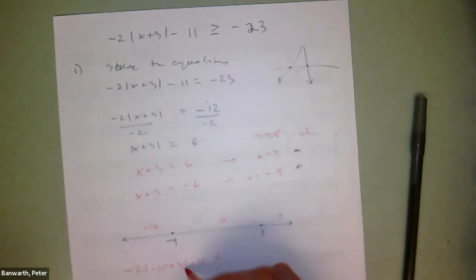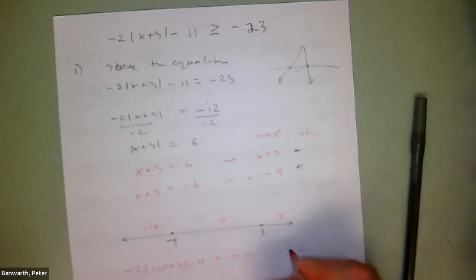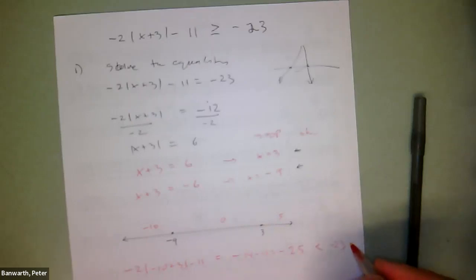Make it a positive, because positive 7 multiplied by negative 2 gives me negative 14, minus 11, which is negative 25, which is less than negative 23.